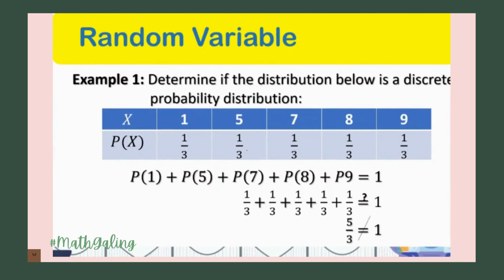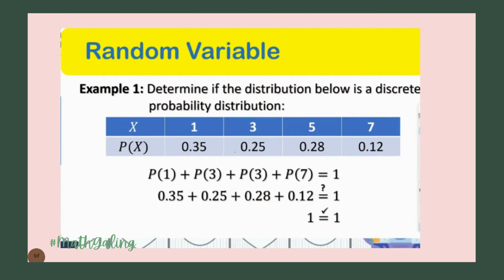Let's look at the values. All of them are proper fractions, so it already satisfies the first property. What about the second property? We are going to add all of these. Is it equal to 1? The result is 5 over 3, so it is not equal to 1. So this is not a discrete probability distribution. Well, yes, it is a distribution, but it is not a discrete probability distribution.